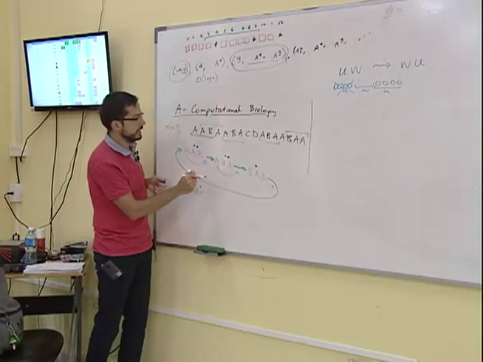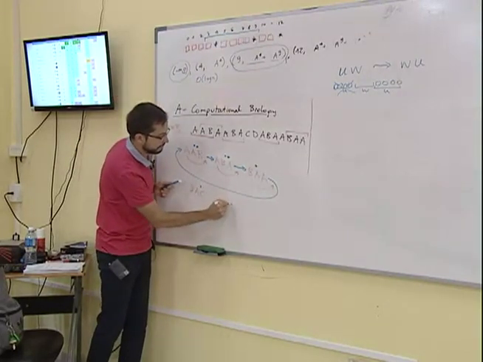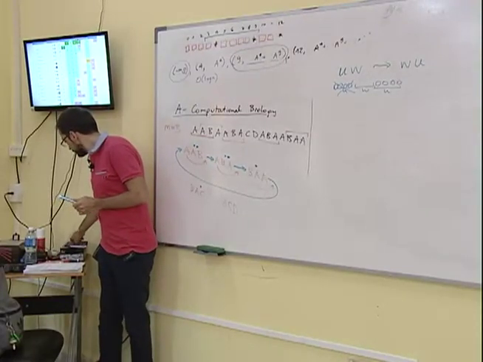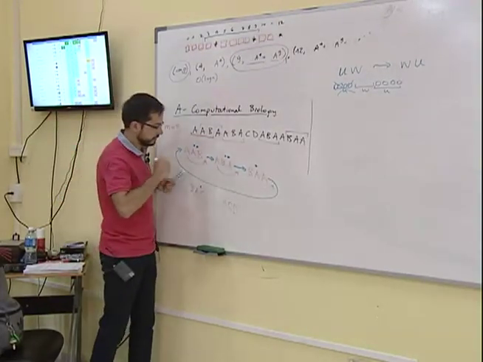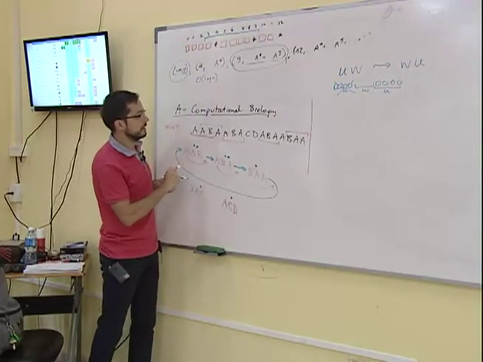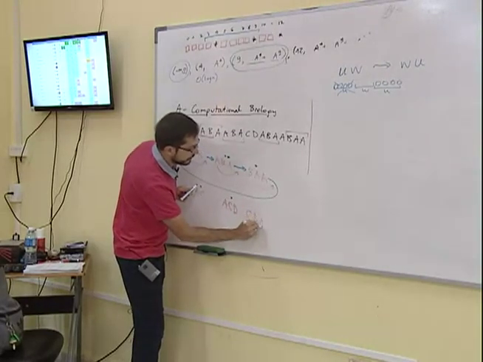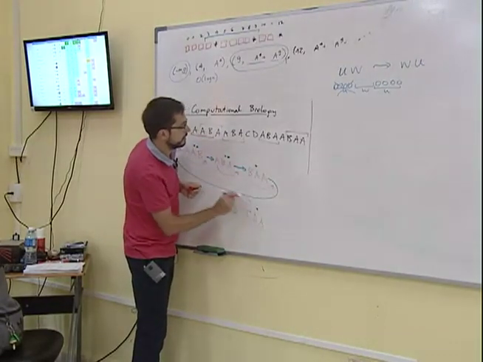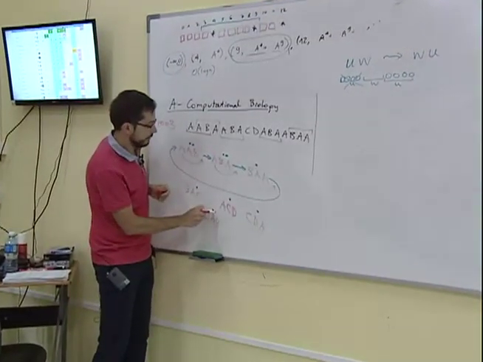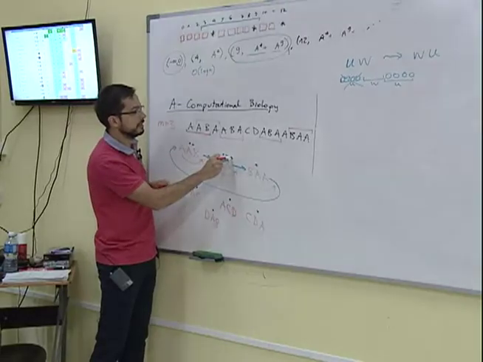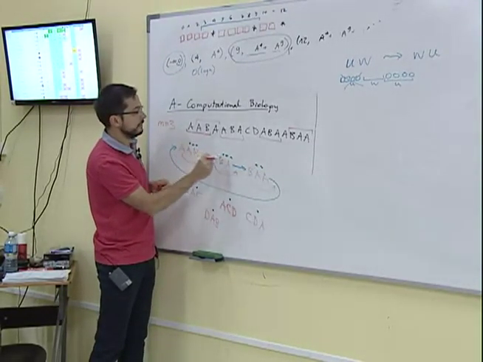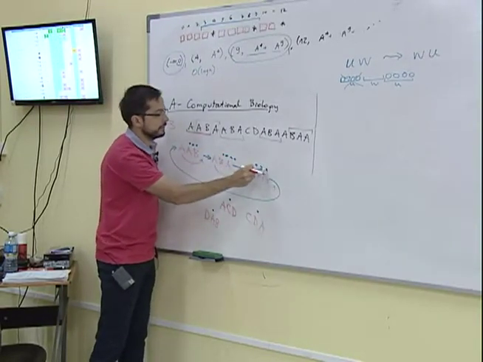We have one, ACD, we also have one. CDA, we have one. DAB, we have one. ABA, another one. BAA, another one. AAB, ABA, and BA.